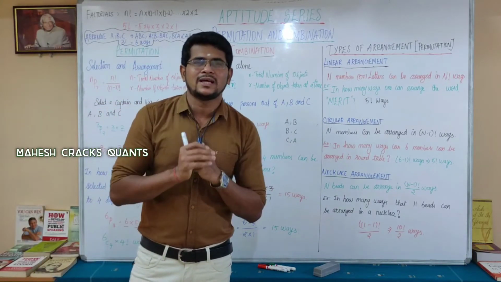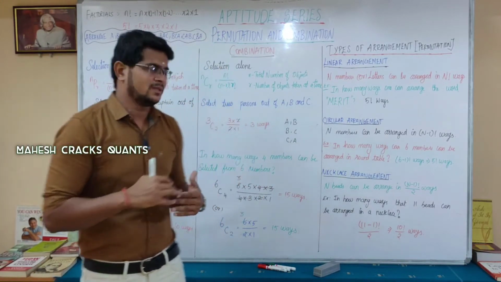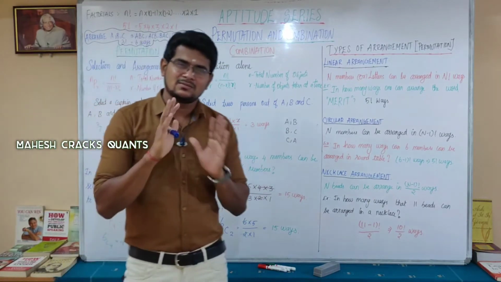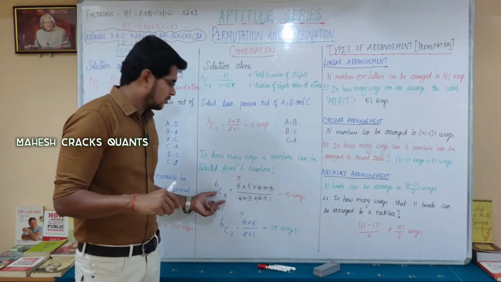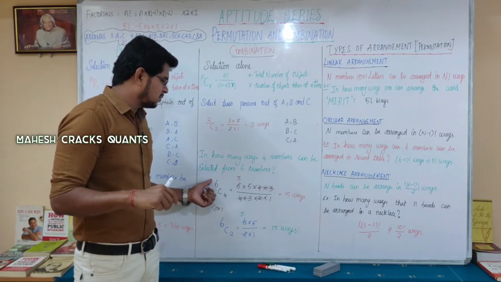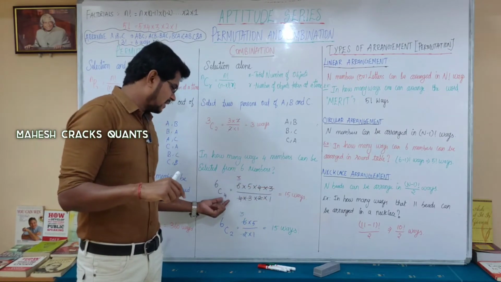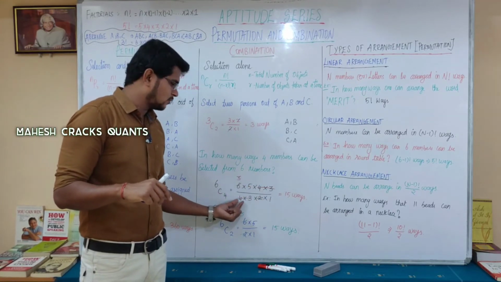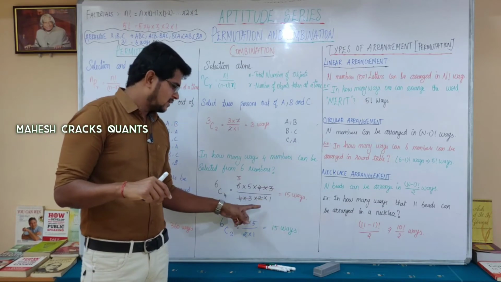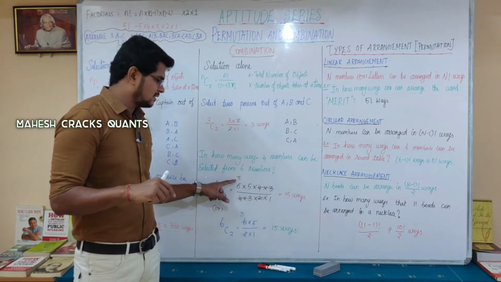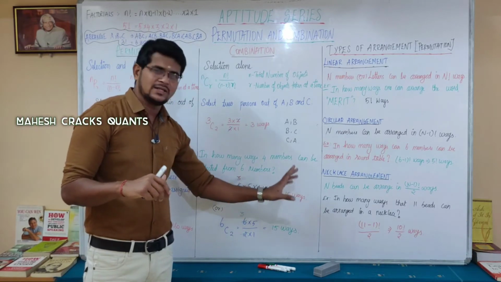You have to select 4 members out of 6 members. So how will you select? 6C4. Selection means combination. So you have to reduce 6 4 times, 6 into 5 into 4 into 3, with 4 factorial in the denominator, 4 into 3 into 2 into 1. So 4 and 3 will get cancelled, 2 with 6, 3 will be there, 3 into 5, 15 ways.